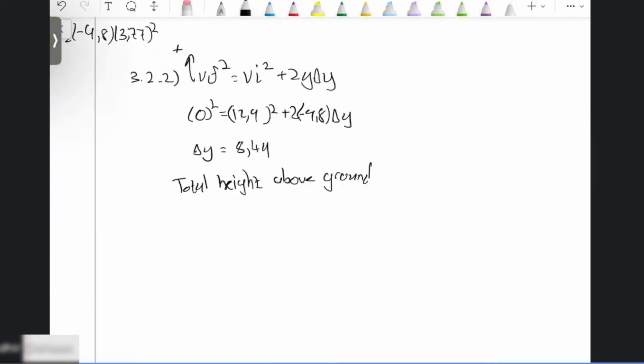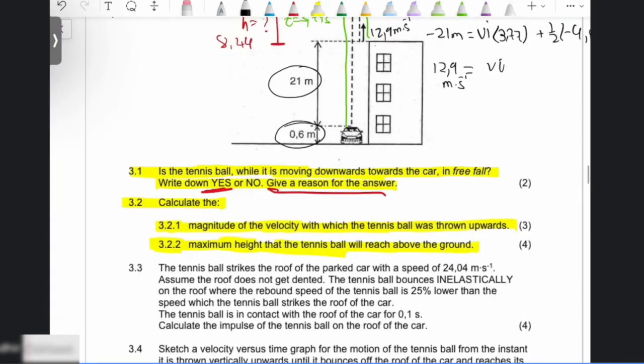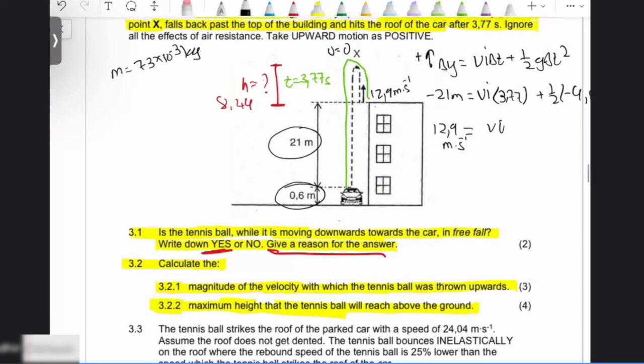So total height above the ground would be 8.49 plus the 21 plus the 0.6, which is going to be 30.09. So 30.09 meters, and we're done. Let's just put that as our total height here.